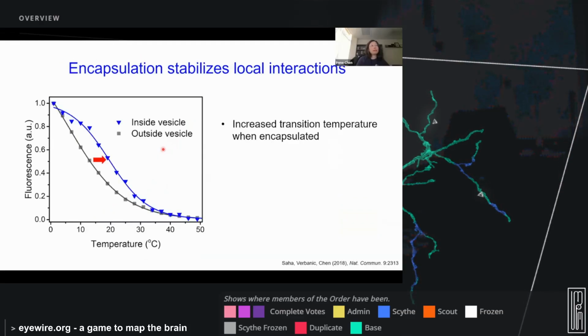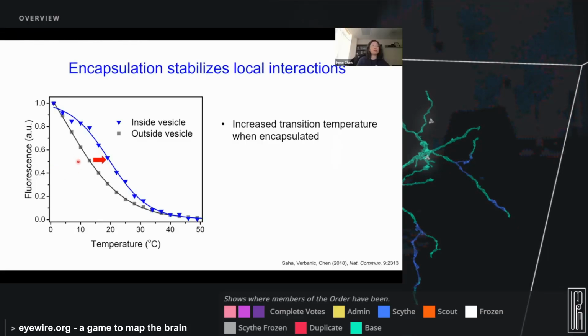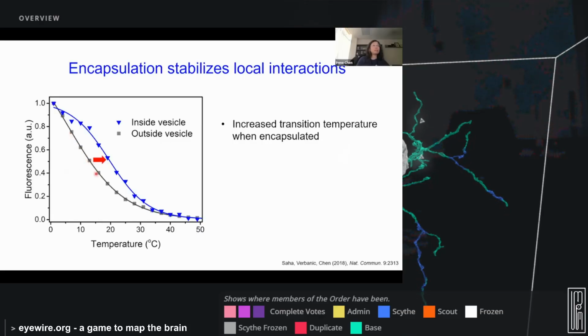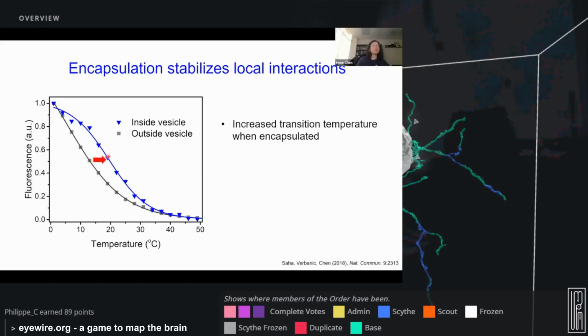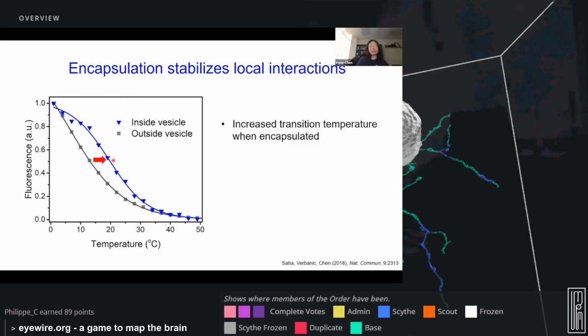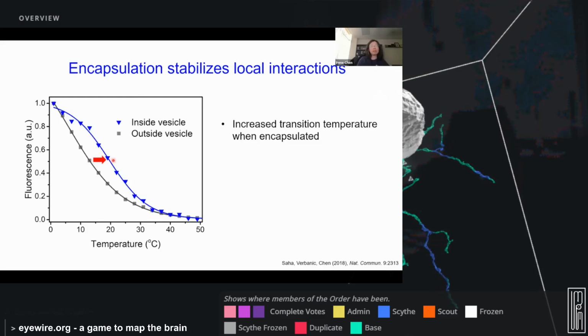And then if we look at a melting temperature, or really a transition temperature, since we're following fluorescence, the local melting of the pocket, you can see that outside vesicles you have a particular melting temperature, but inside vesicles this is shifted over, indicating greater stabilization of the aptamer.